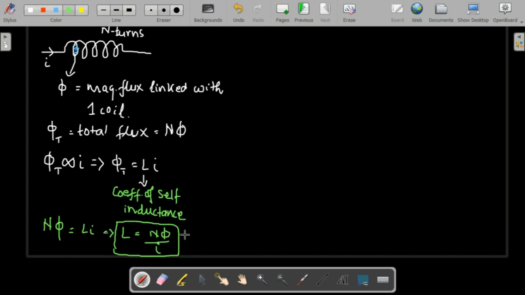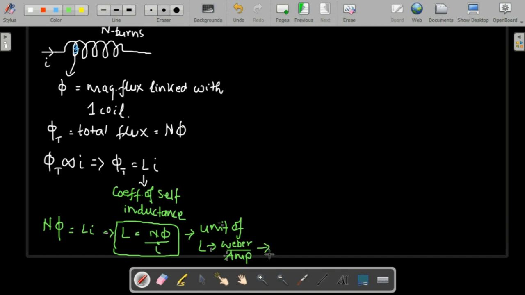So if you just look into the unit of L, check the unit. You see, this is L, this is N number of turns, no unit. Phi is nothing but Weber, flux, right? Remember, Weber. And current, ampere. So Weber per ampere.